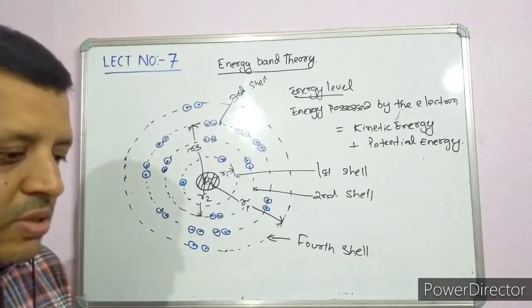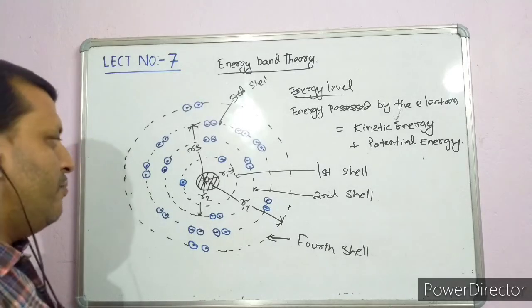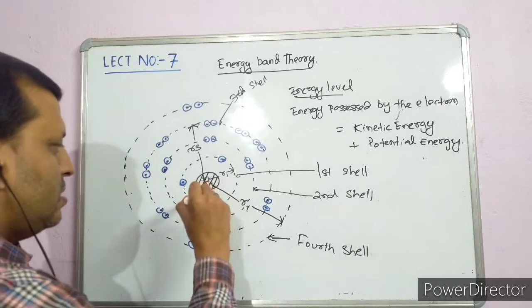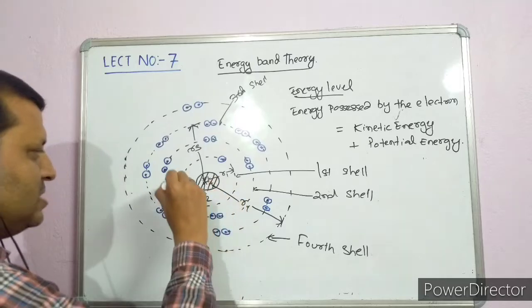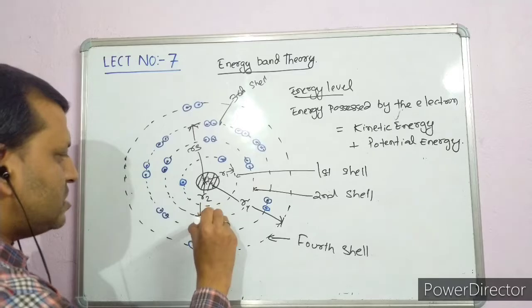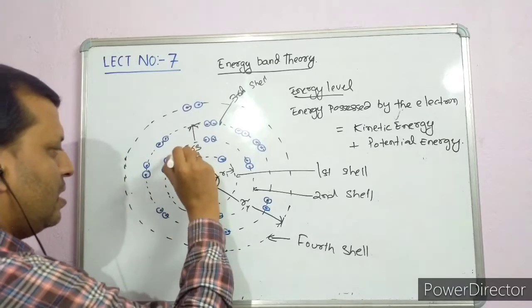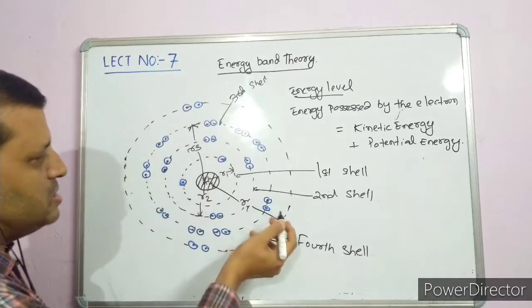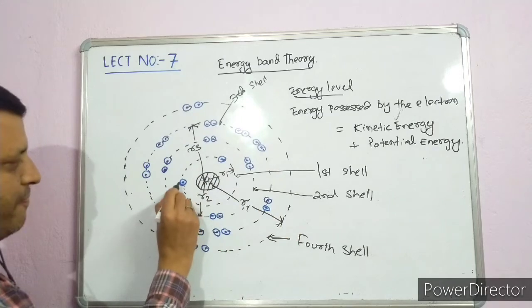The electrons moving in the first cell have some amount of energy. The electrons moving in the second cell also have some amount of energy, which is different from the first cell.